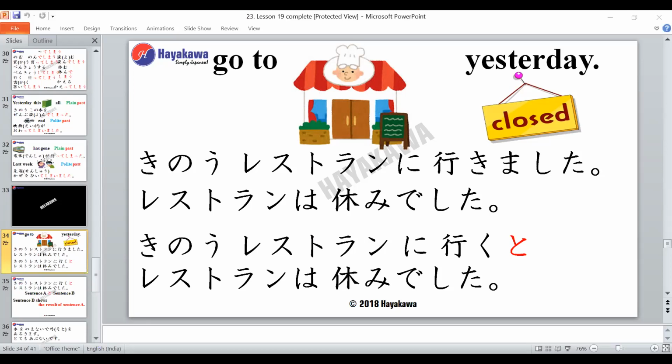I can just say Kino restaurant ni iku to restaurant wa yasumi deshita. Any doubts over here? No sensei.